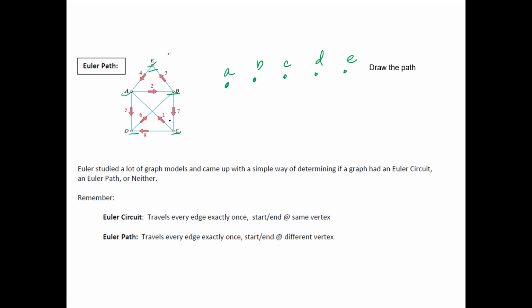So as I'm looking at the edges, starting with C, C goes to A. So C goes to A then goes to B. B goes to E. So B goes to E, there we go. And then E goes to A, then goes to D.